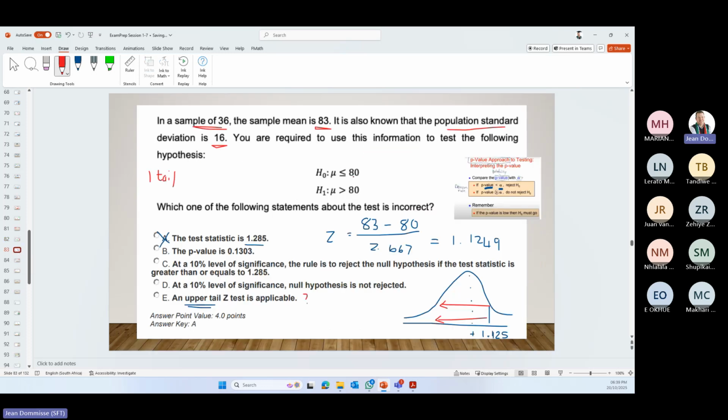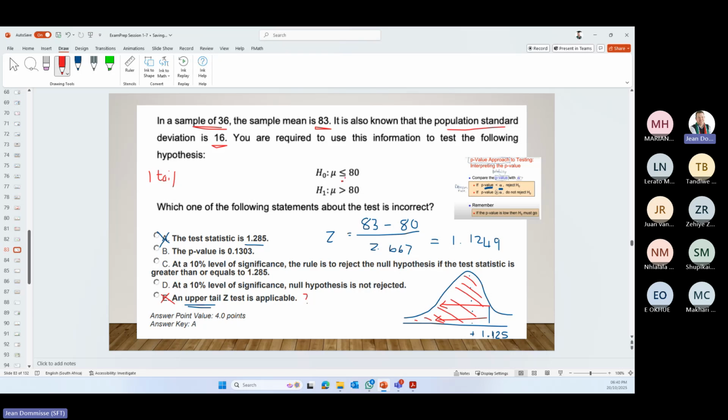Here it is smaller or equal to, so now we're looking at this component. So an upper tail being applicable is actually also incorrect, even though it is very high. I think this was the mistake.